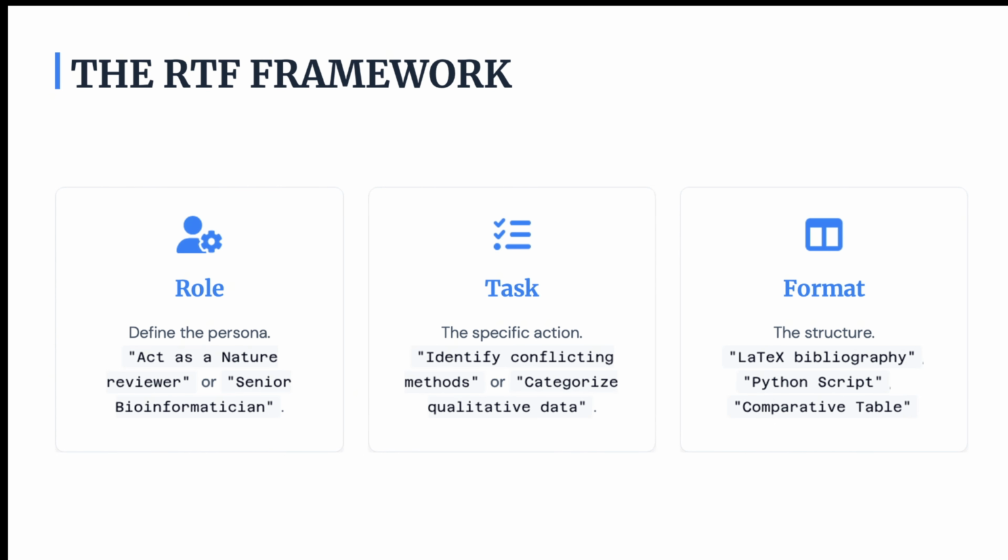In my opinion, I use paragraph format most of the time, and I clearly mention that I need my output in paragraph format with in-text citations, and also a bibliography or reference list in APA format. In this case, I clarify all the formatting requirements for my result generated from AI. The RTF framework is the core for defining precise and accurate prompts for AI tools.